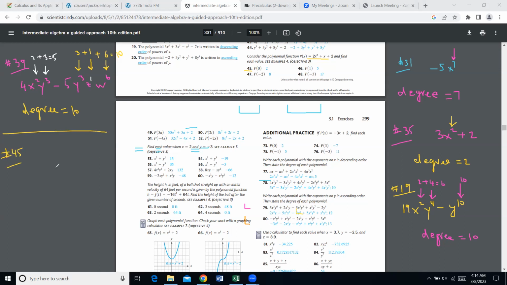So here I have a function, and instead of f of x, I call it p of x. They just want to state it's a polynomial function, but it's still a function. So it's 2x squared plus x plus 2. So if I have this kind of polynomial, then to find p of 0, I just have to replace my letter x with the number 0, right?